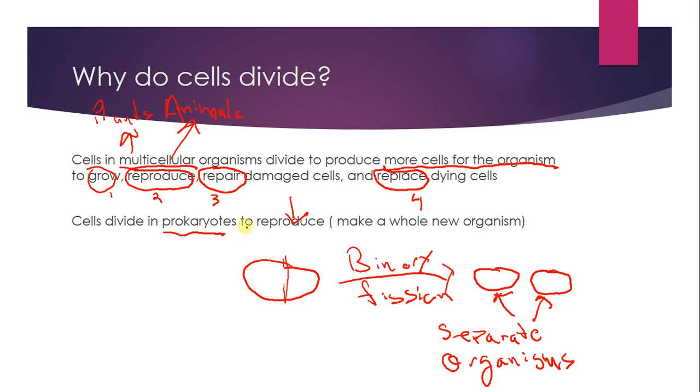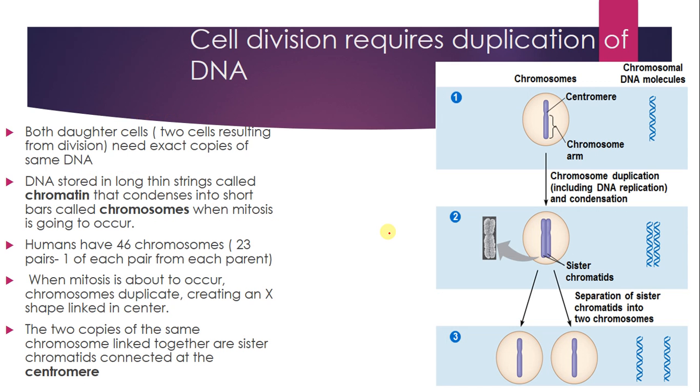So in prokaryotes, cell division, binary fission, is how they reproduce asexually. They make a whole new organism.